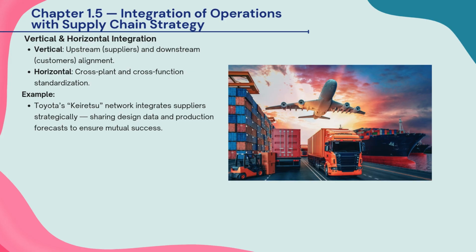A strong example comes from Toyota's Keiretsu network, where strategic supplier partnerships include sharing design information, production forecasts, and long-term planning, creating a tightly linked ecosystem that supports quality, reliability, and mutual growth.